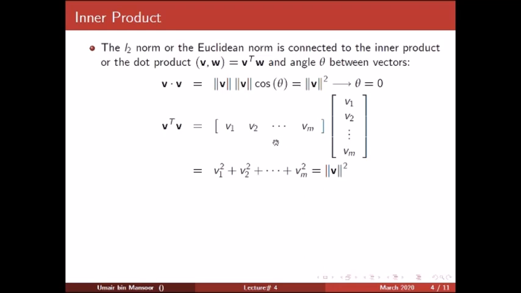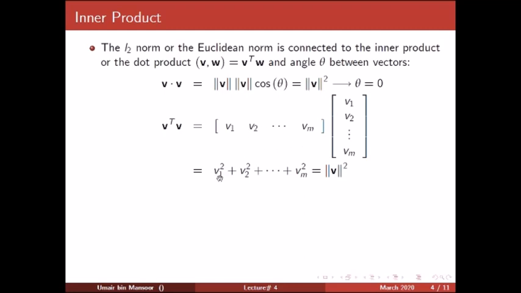In terms of matrices, this vector has a dimension of 1 by 3 and this vector has a dimension of 3 by 1. So we can safely multiply these two matrices, and the product would be a 1 by 1 matrix or a scalar value. Let's see what we get when we multiply this.